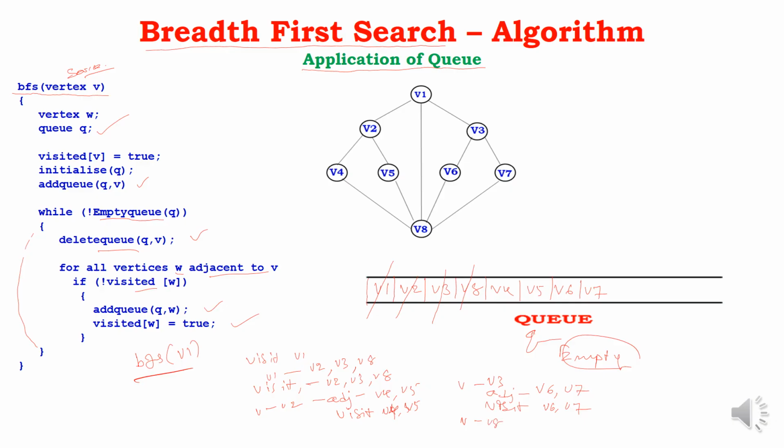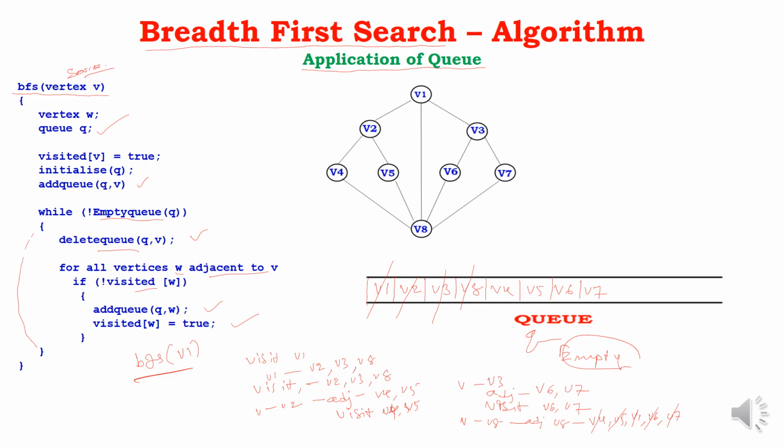For all vertices W adjacent to V8, the adjacent vertices of V8 are V4, V5, V1, V6, V7. If not visited, all are visited. V4 is visited, V5 is visited, V1 is visited, V6 is visited, V7 is also visited. Then we are not doing anything.